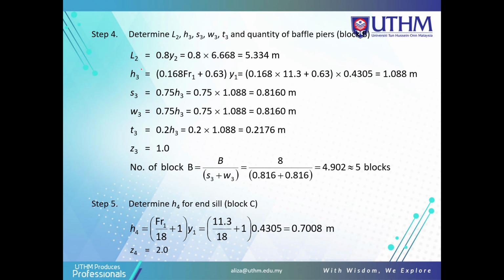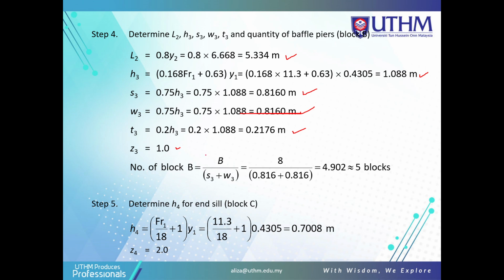Now step 4, determine L2, H3, S3, W3 and T3, based on the block B. You find the L2, so you get this value. H3 is based on the formula in the table given for block A, block B, and block C. You just use that formula, so you get 1.088 meter, and S3 and W3 are the same value. The T3 based on this formula, you get 0.2176 meter, and the Z3 is 1.